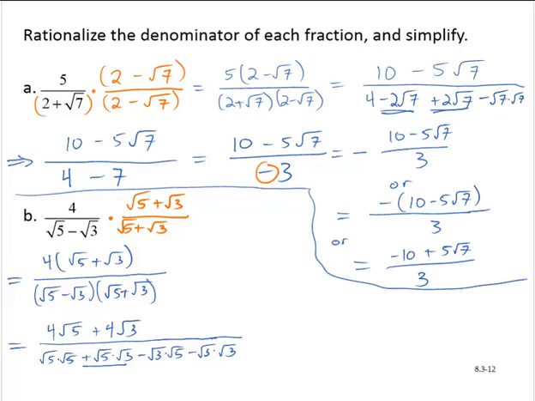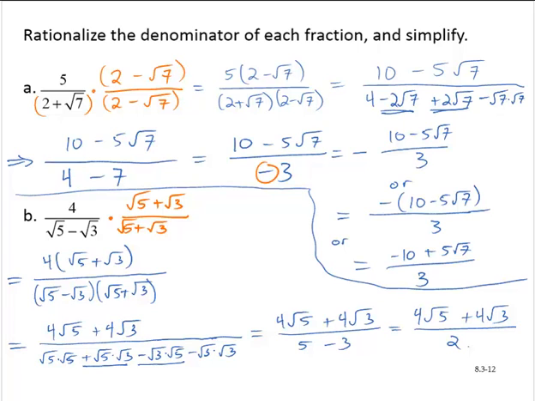Again, notice that the like terms in the denominator combine to 0. The numerator, I have 4 times the square root of 5 plus 4 times the square root of 3, and the denominator would be 5 minus 3, which is 2. So I have 4 times the square root of 5 plus 4 times the square root of 3 over 2.